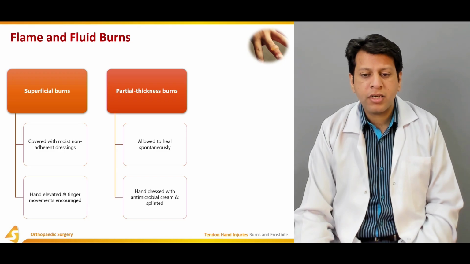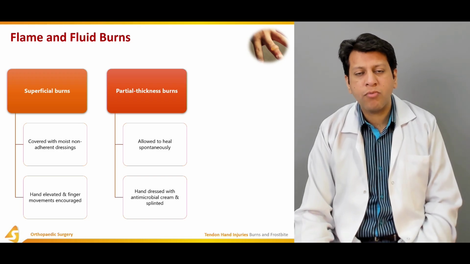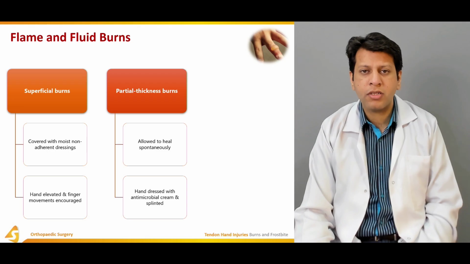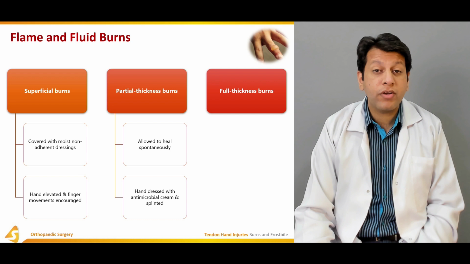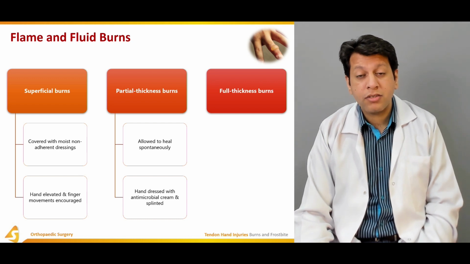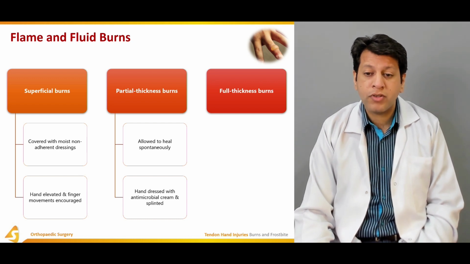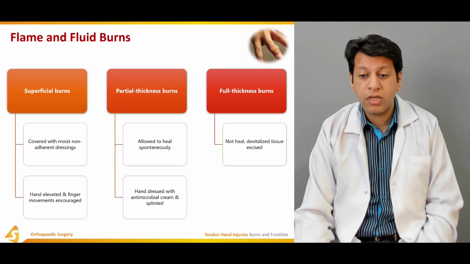The hand is dressed with antimicrobial cream and splinted, and once the healing process starts, we can start range of motion exercises and physiotherapy of the hand as well. But if it's a full thickness burn, involving all the layers of the superficial and deep fascia, then they do not heal as well.